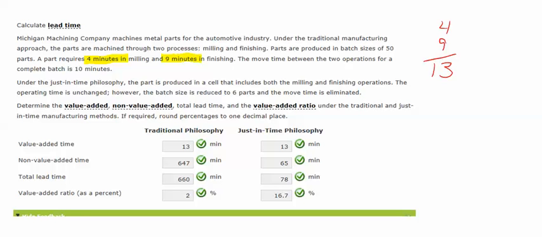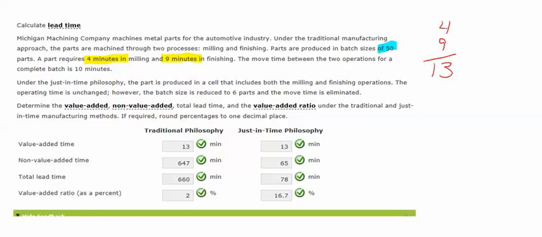Now we have a batch size. The batch size in this case was 50 units. When we're working on that 1 unit, the other 49 units of that batch are sitting and waiting. So we're not adding any value to those units while they're waiting.